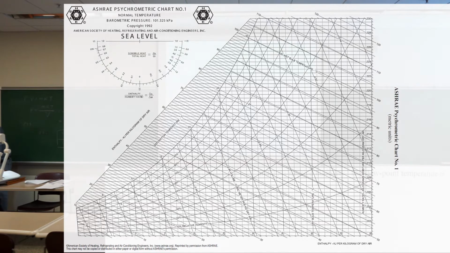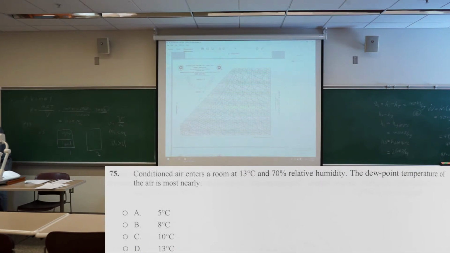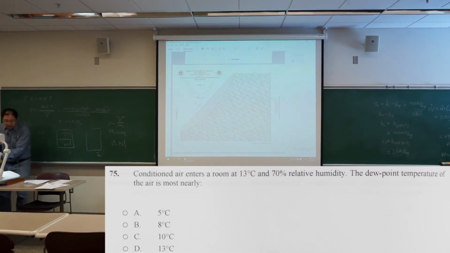It has two psychrometric charts. And this one is for the SI unit. You can see it's degree Celsius. And there's another one for the English unit. That's degree Fahrenheit. And for the problem, it's in degree Celsius.